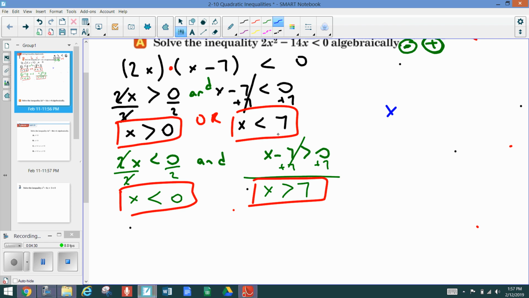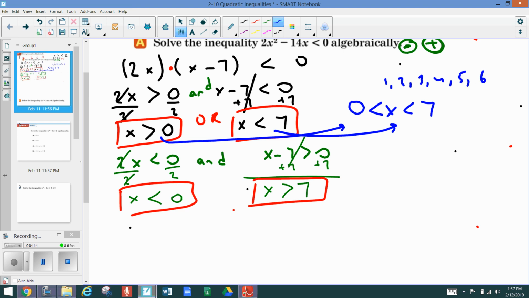X is less than 7, right? And x is greater than 0 also. What are those numbers? So the 0 and 7 are not included. Let's keep those for a while here.